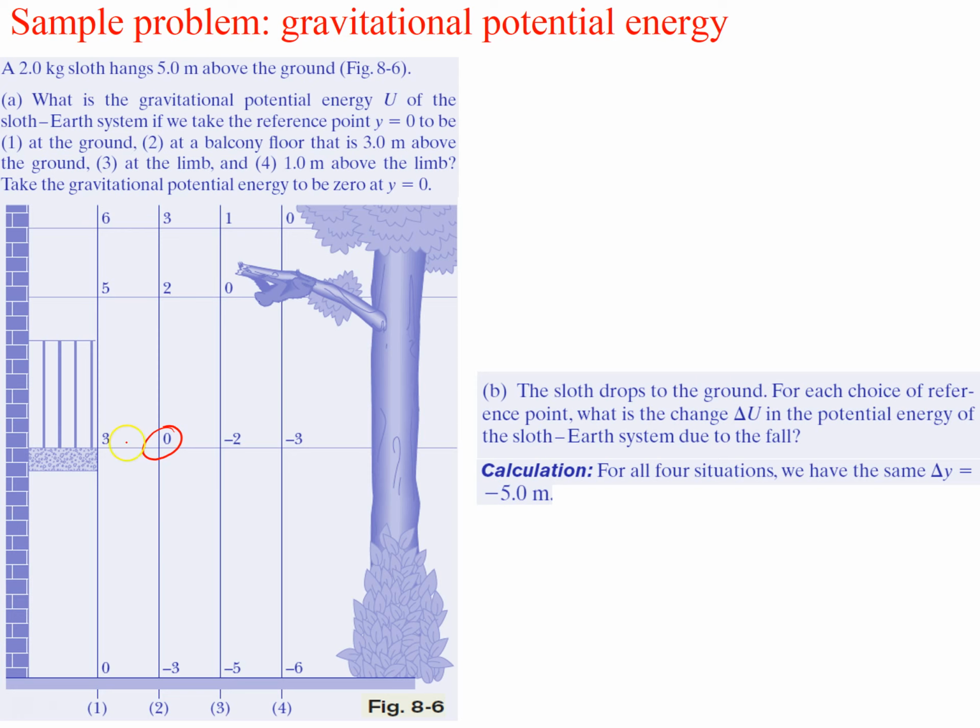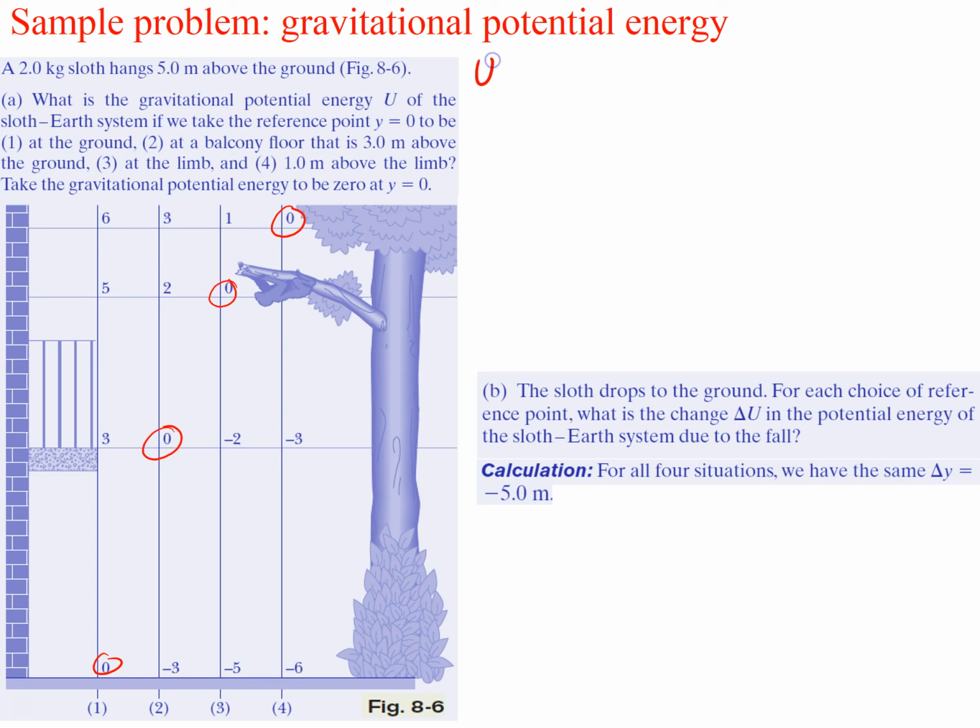So we can choose the balcony to be a reference point, or we can choose this limb to be a reference point. We can say this is where gravitational potential is 0, right? Or we can choose a meter above that to show where gravitational potential is 0. All right, so let's work through these. It's asking for what the gravitational potential energy is at each of these conditions.